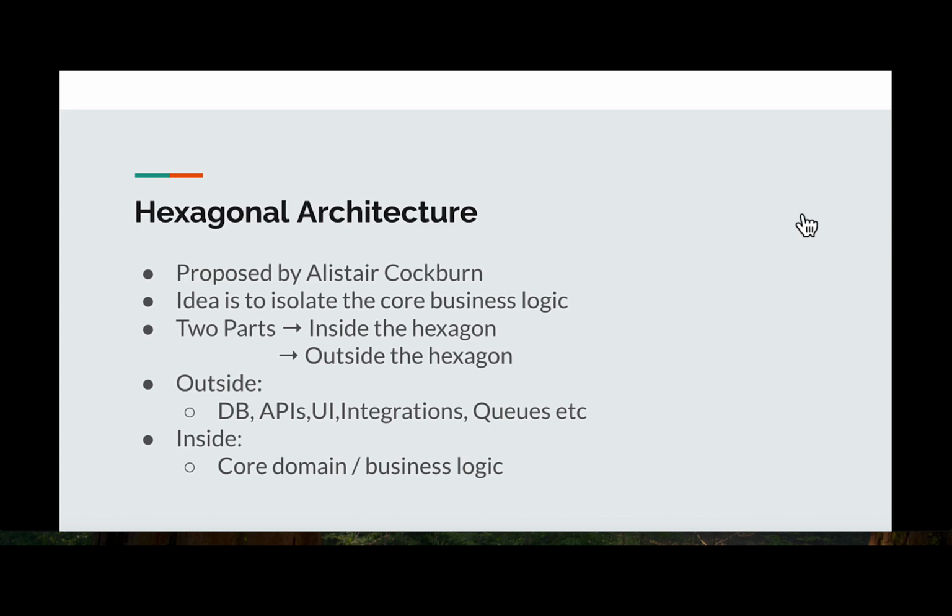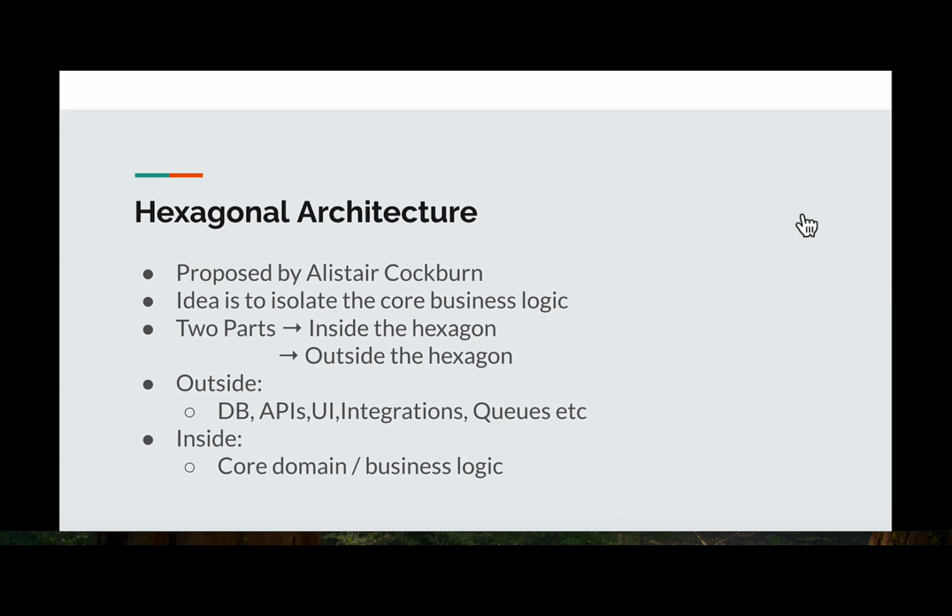So what is the core idea of hexagonal architecture? Hexagonal architecture solves this by isolating the business logic from external systems, and we achieve this by using something called ports and adapters. There are two parts in this: one which resides inside the hexagon, and one which is outside of the hexagon.